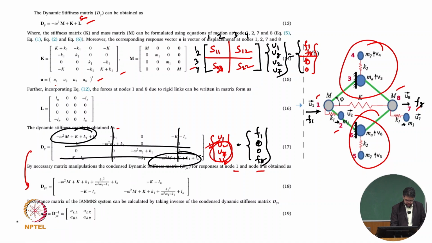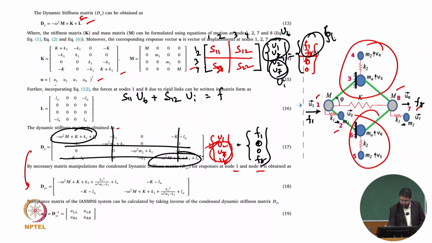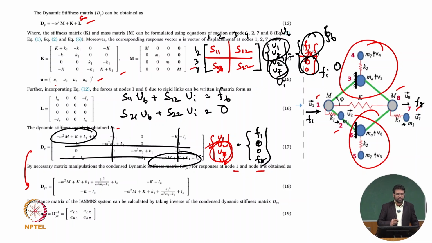If I write it in matrix form, S11 into UB, where I am thinking of these as my two boundary nodes, UB, and these as two internal nodes, UI. So S11 UB plus S12 UI is equal to F boundary, and S21 UB plus S22 UI is equal to 0, the internal force. Agreed?